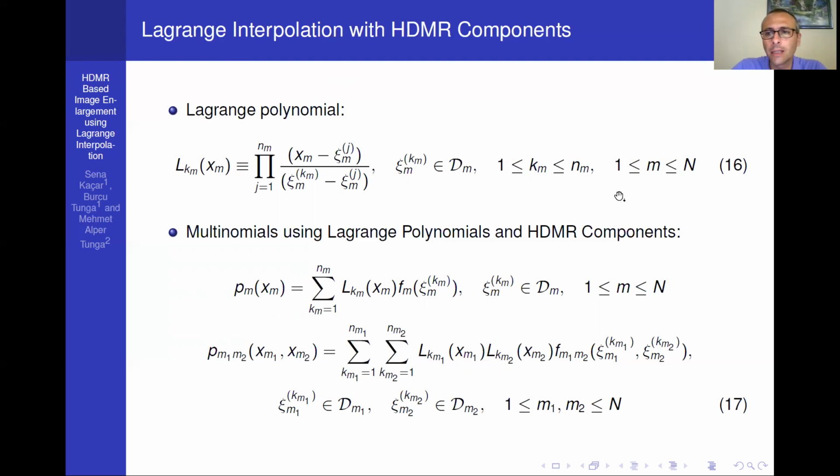Here in equation 16, we define the Lagrange polynomials. It's a routine. When we have these Lagrange polynomials and the HDMR components, we can define these multinomials in order to get the analytical structure for each partitioned data set.